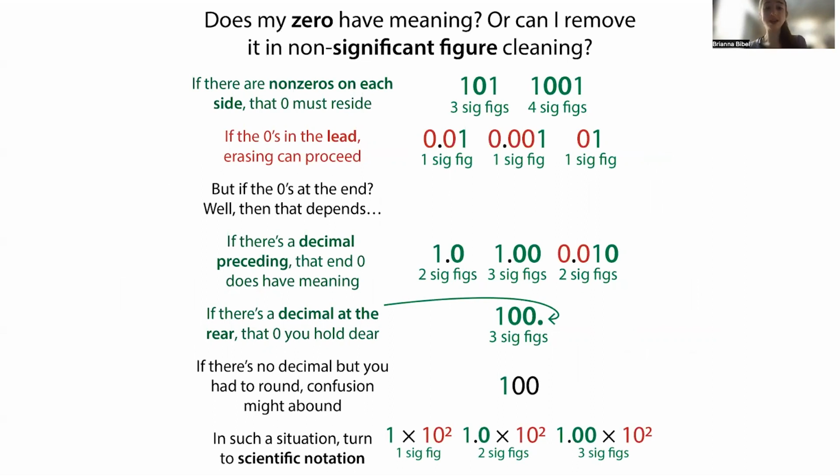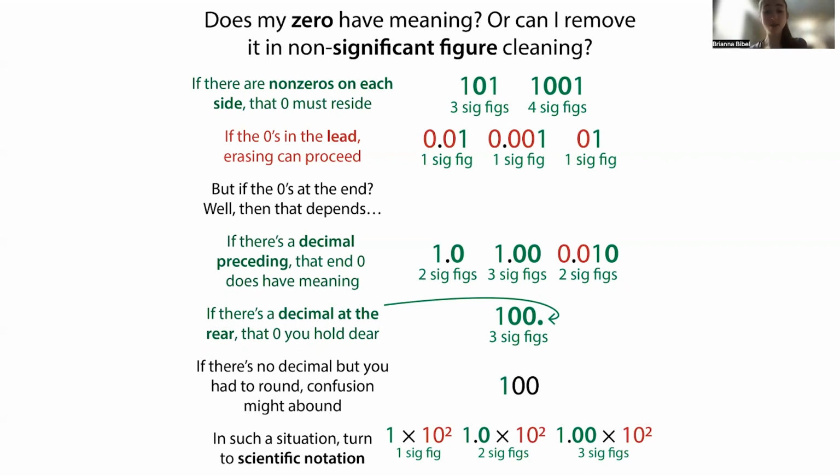If there's a decimal, basically the decimal is going to help show that numbers are significant. And so this is a tool we can use if we have numbers that say end in zeros and it wasn't their fault, they just happened to fall in the line of the measuring tool or something. So if there's a decimal before a 0, the zeros that come after it are going to be significant. And if there's a decimal after a 0, the zeros before the decimal are going to be significant.